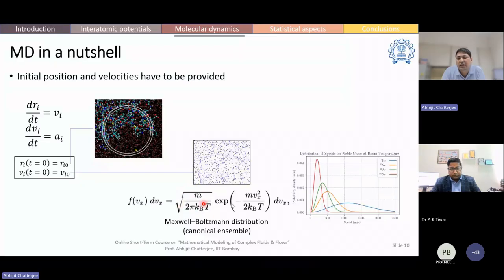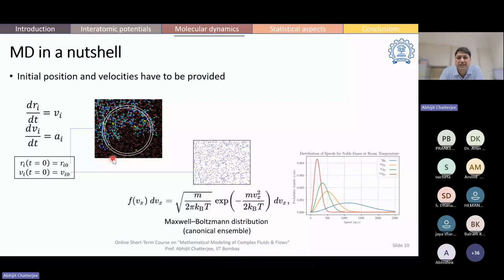And the sampling of the velocities requires use of random numbers. Okay. Those who are interested in more details would have to go to the textbooks I mentioned in the first slide by Allen and Tildesley and Smith. Those books would give you recipes for sampling velocities.